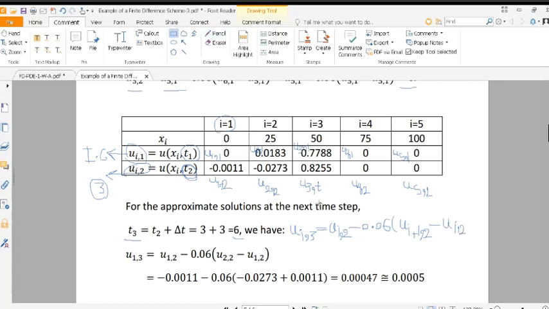We use this equation for j equal to 2, and we compute u(i,3).